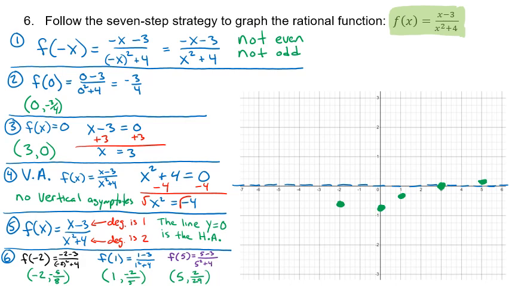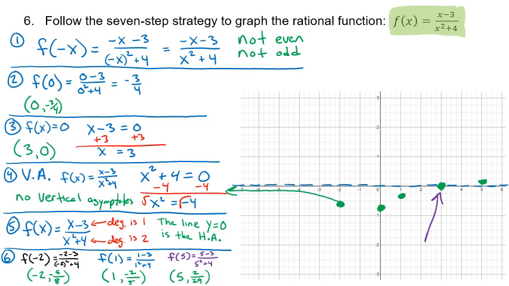So I think this is a good amount of information. The horizontal asymptote is the end behavior. So as the graph goes to the left, there are two things we know. One, it has to get closer to that dotted line. Two, it cannot cross the x-axis. Right here, that's the only x-intercept.